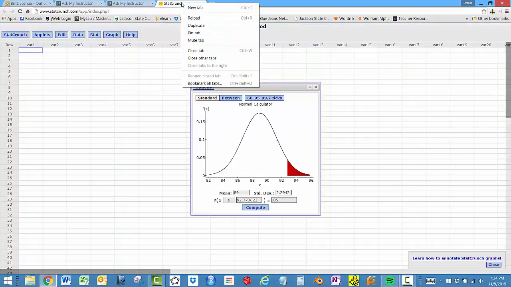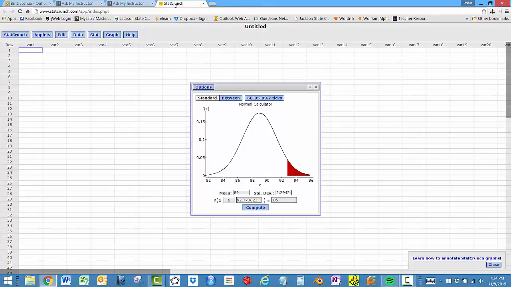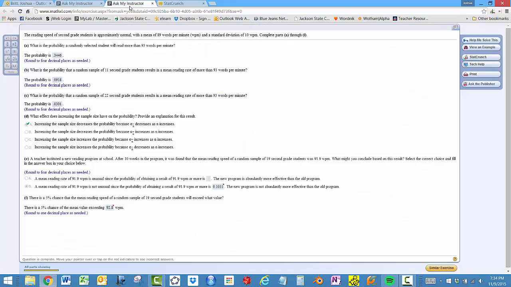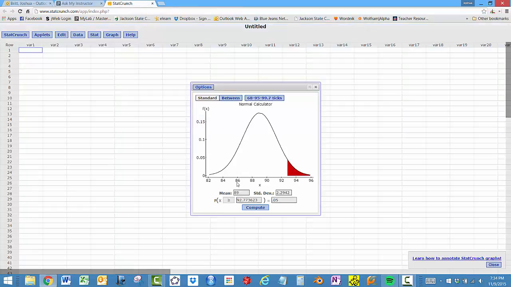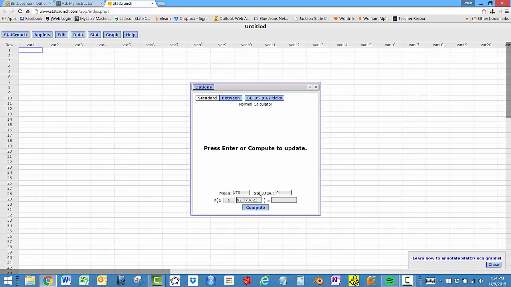So the mean is 0.76, standard deviation 0.042, and we want to know probability of getting something greater than 0.7619.